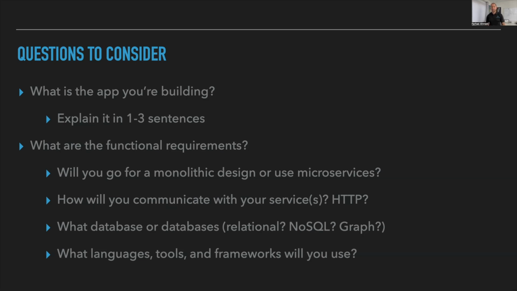Will you use relational databases, or are you going to use NoSQL, graph databases? As I said earlier, we're going to use a mix. 4, what languages, tools, and frameworks will you use?